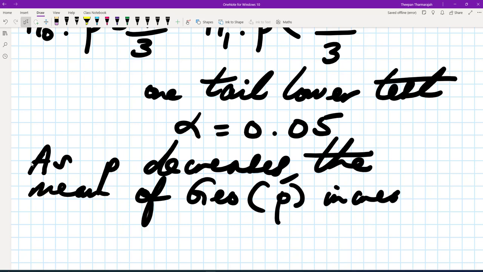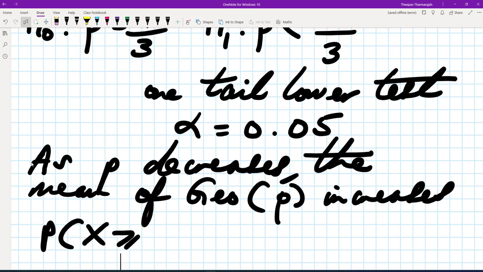So we want the probability that X is greater than or equal to the observed value. So in our case, X is greater than or equal to some critical value that we don't know. I previously called it C1. You can call it C as well. It doesn't make a difference. It's just that from the Poisson distribution and the binomial, we had 2 tails of a critical region, so we normally call it C1, C2. But in this case, we can of course call it C for the critical value.